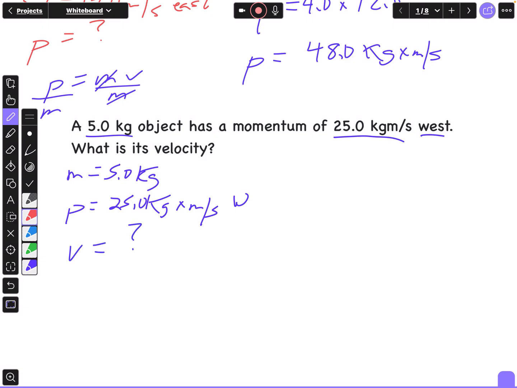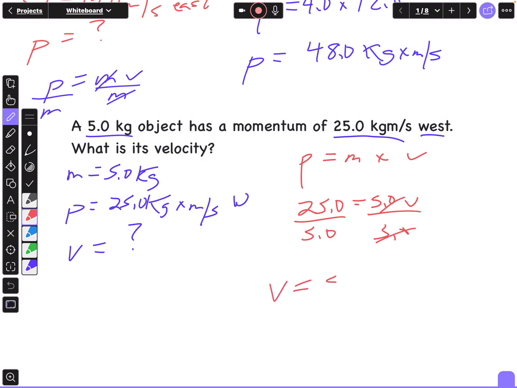I have my equation, P equals mv. Plug in my numbers: 25.0 equals 5.0 times V. Divide both sides by 5.0. And then my velocity would be 5.0 meters per second, and it'd be west since it gave me a direction.